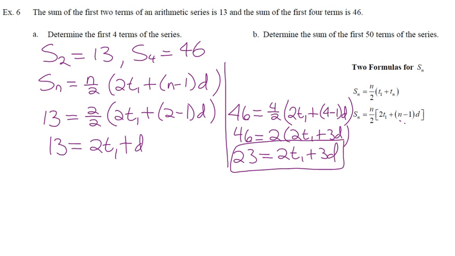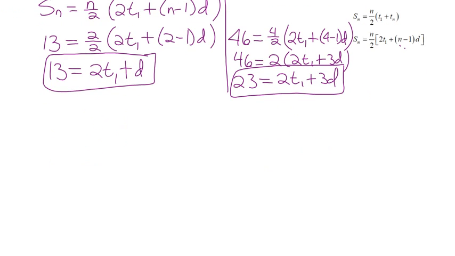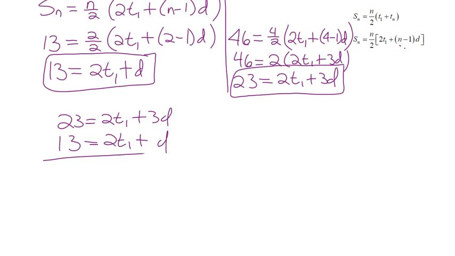So now we have 2 equations and 2 unknowns, and we can solve. We're going to solve the system. Let's stack the equations, one on top of the other. 23 is equal to 2t1 plus 3d, and 13 is equal to 2t1 plus d.